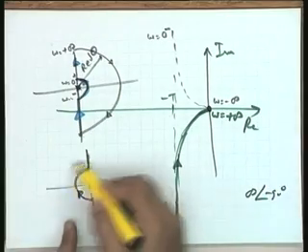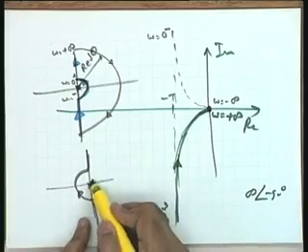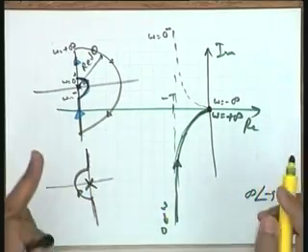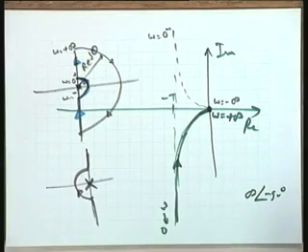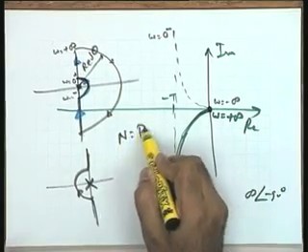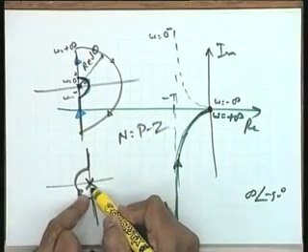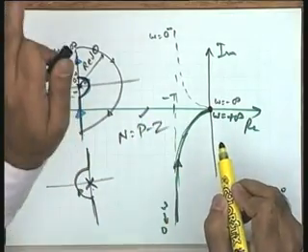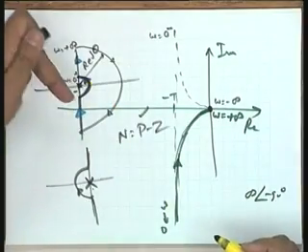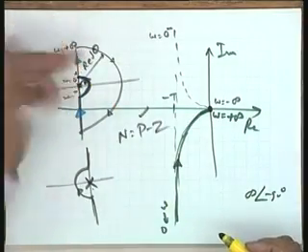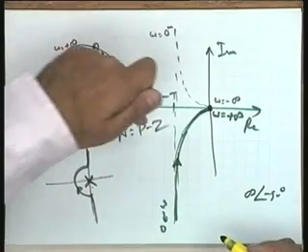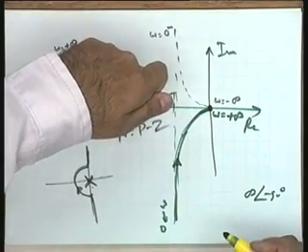If you do the detouring this way, one of the open loop poles has been included in the region enclosed by the Nyquist contour. In that case, when you take N equal to P minus Z, P equal to 1 will have to be taken. If you do the detouring like this, since this pole has not been taken in this region, it will not contribute to the number P over here.